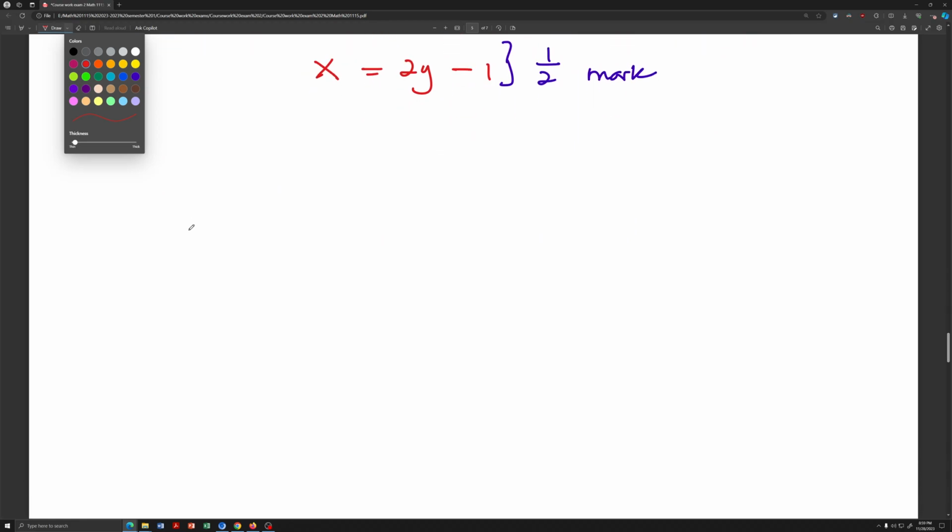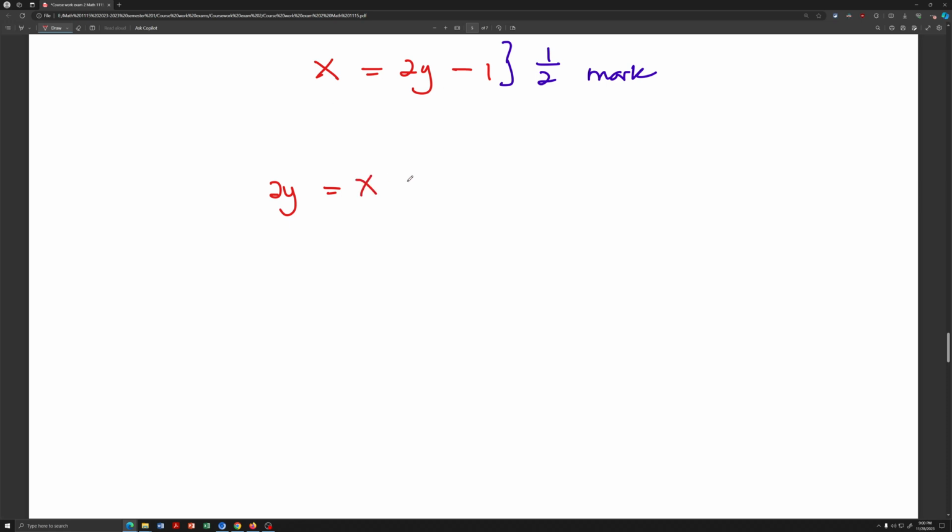Now, I need to solve, meaning that I need to make y the subject of the formula. So 2y is equal to, take this and bring it on the other side, I'll get x plus 1. So y now is equal to x plus 1 all over 2 by dividing both sides here by 2.